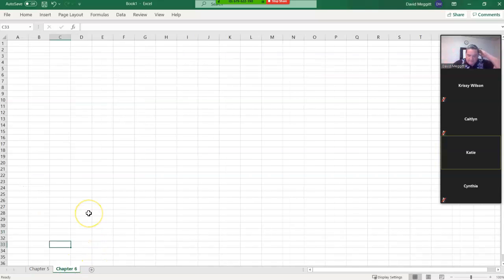All right, so chapter 6. If you look at the end, chapter 6 has all kinds of really cool pointers on pages 171 through 176 on how to use Excel and things like that.